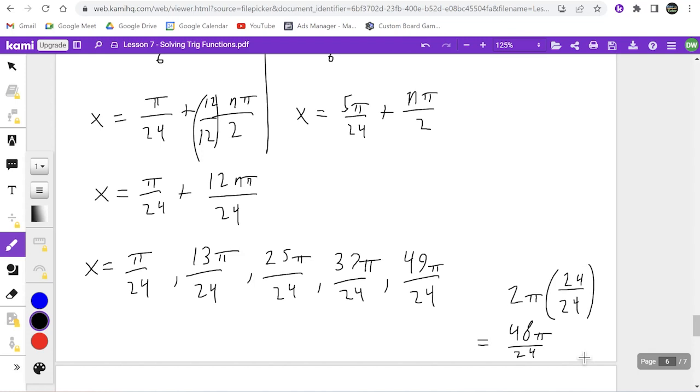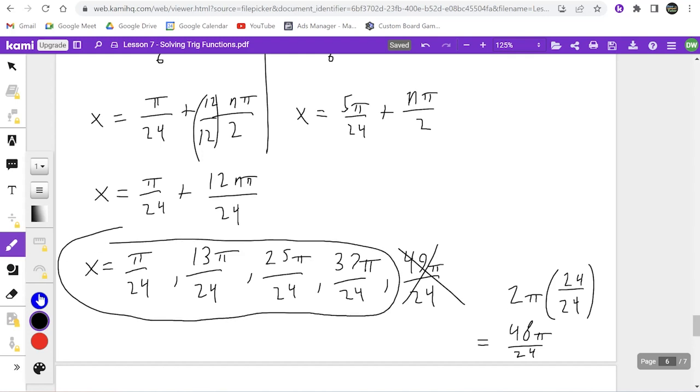Which means that if I get 48 as an answer, I can't include it. That's out of bounds. I have to cross it out. What I'm saying is 49 pi over 24 is out of bounds because we're above 2 pi. We're above 48 pi over 24. So these are my 4 solutions for that first one, that quadrant 1 answers.